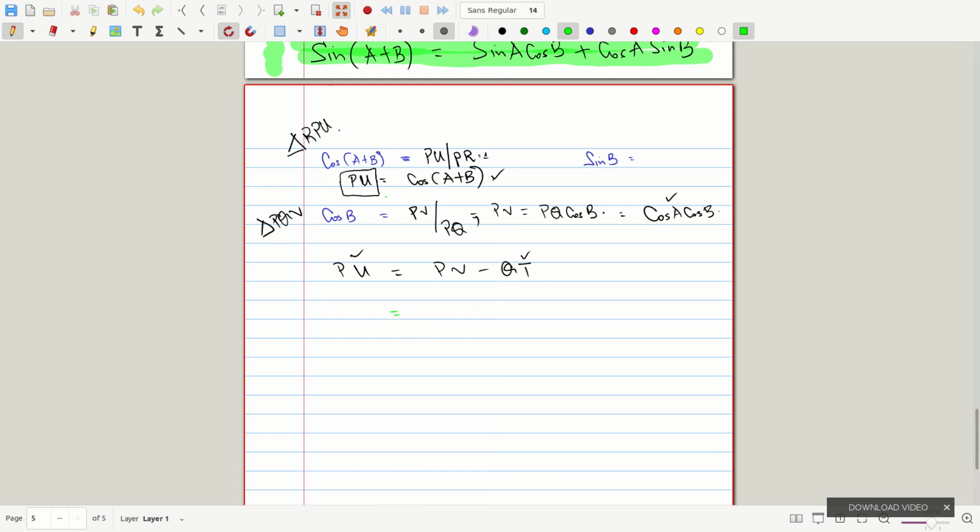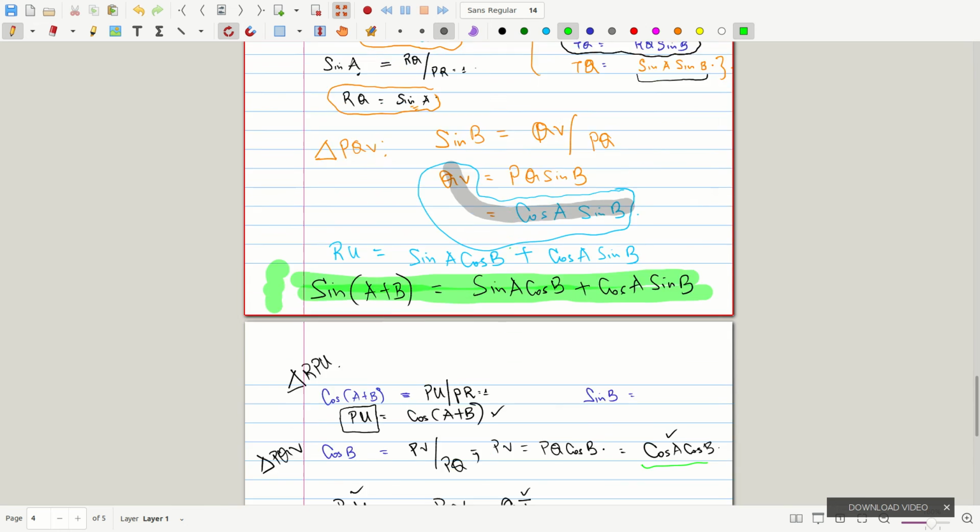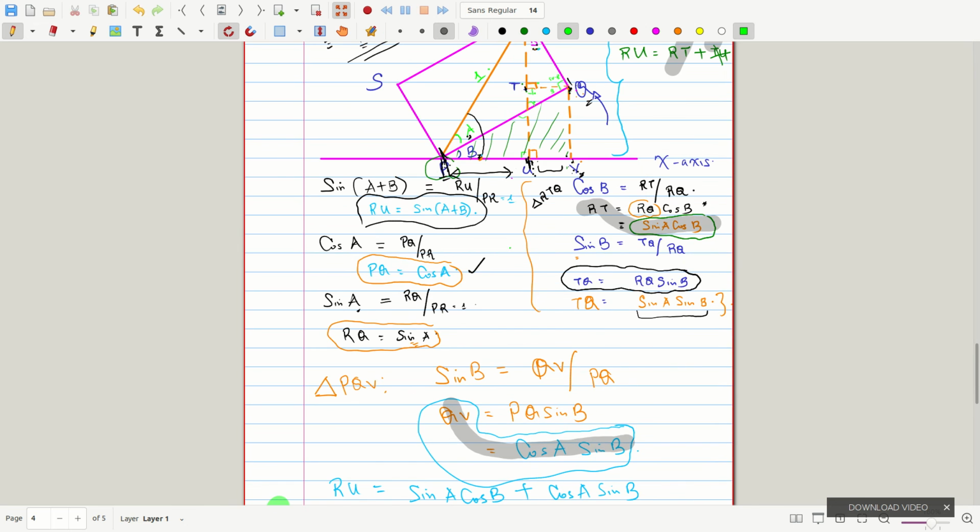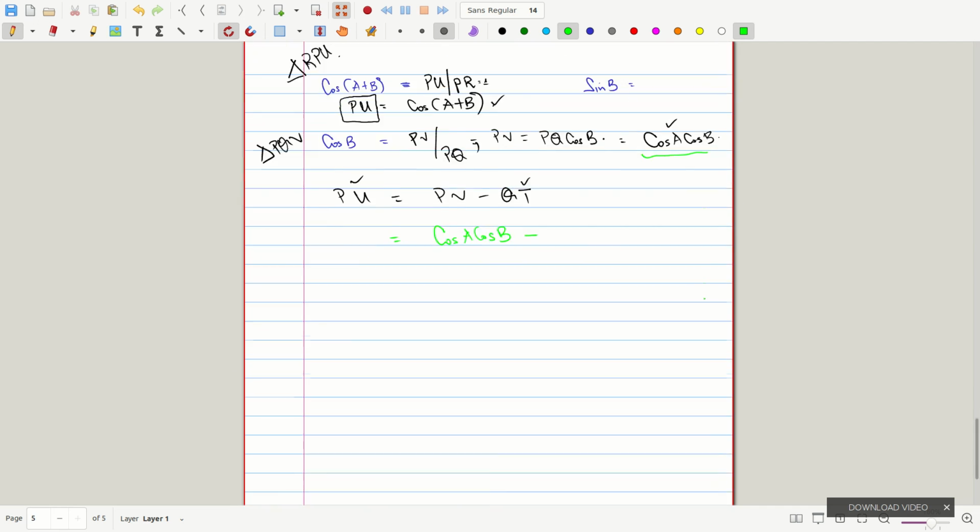So what is PV? It is cos A cos B, and then QT, which is the same as TQ here, is sine A sine B. So this is sine A sine B, and then what is PU?